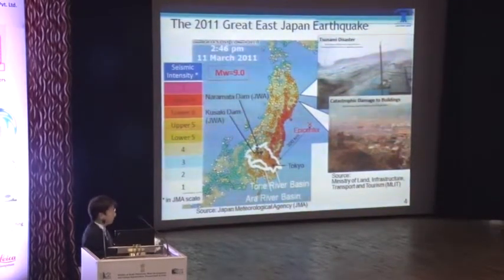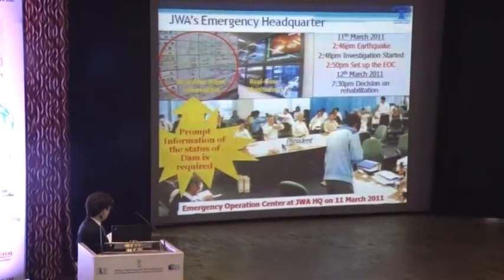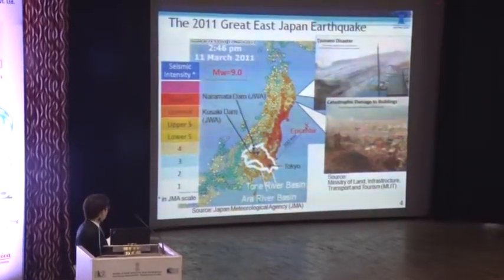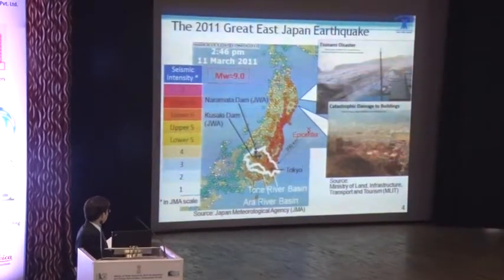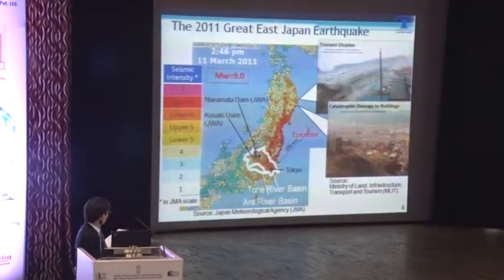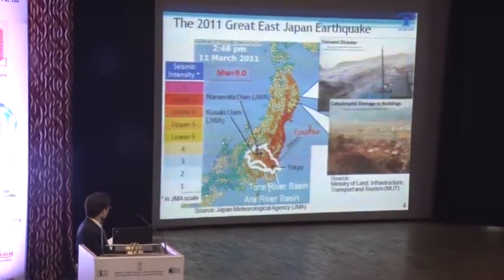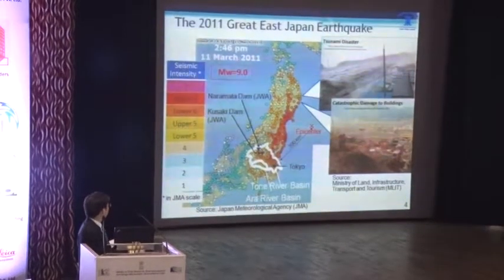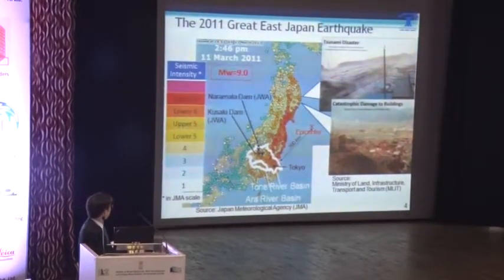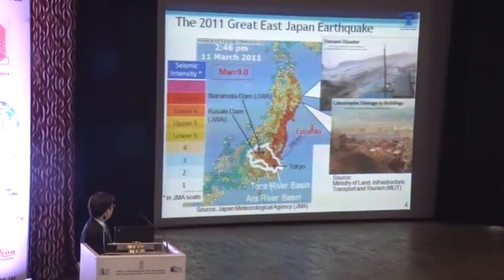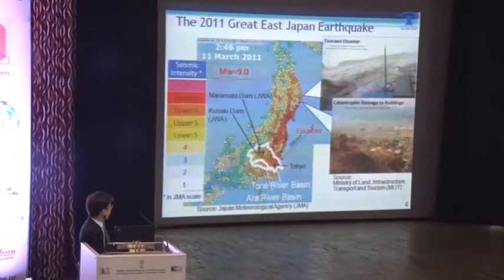The earthquake caused a serious tsunami, and mainly the east part of Japan was under serious conditions. And I'd like to explain the countermeasure actions at Kusaki Dam and Naramata Dam. Both are operated by our agency.